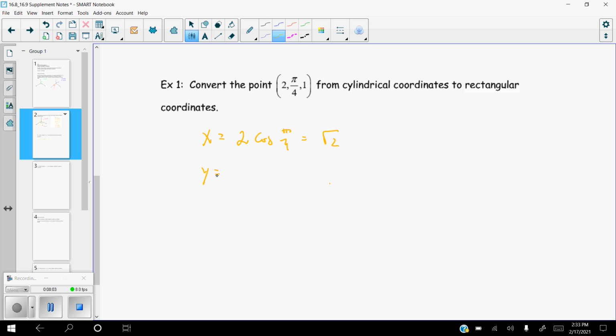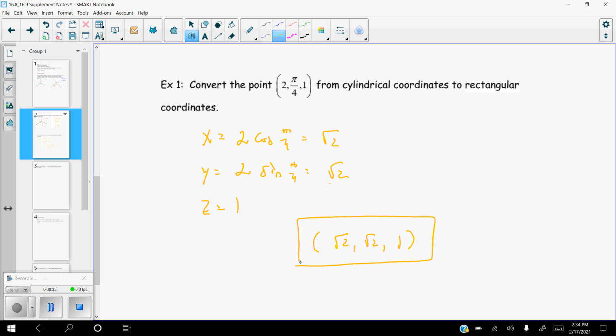Y is r sine theta, sine of pi fourths, which just happens to be exactly the same thing since cosine and sine of pi fourths are the same. So we get square root of 2 there, and then again z is just 1. So our rectangular coordinate would be square root of 2, square root of 2, 1. And that's how we would transform something from cylindrical back to rectangular. That by far is the easier way to go.